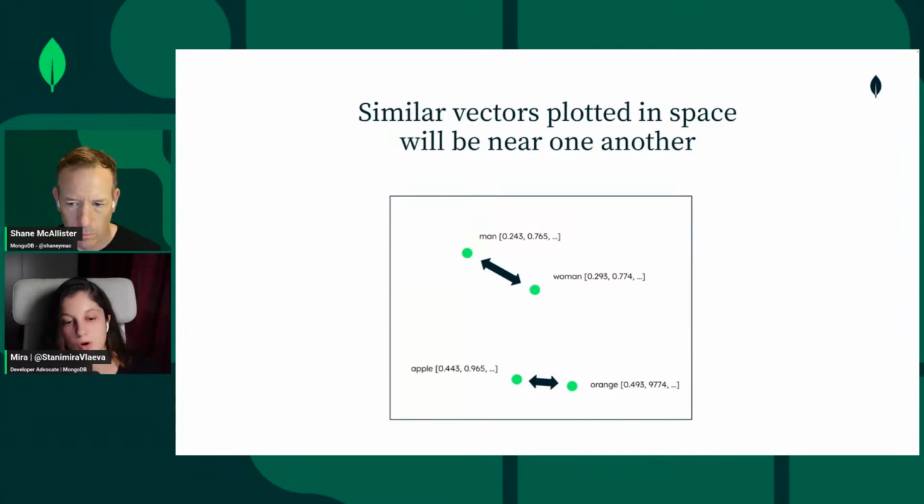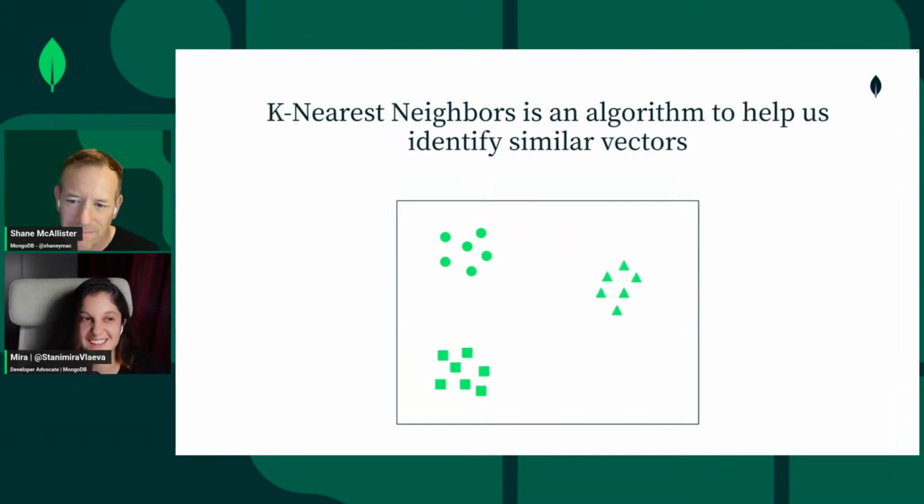So man and woman should be semantically closer. That's why their vectors are closer than the vectors of apple and orange. And by plotting all these vectors, we should be able to identify terms that are close to each other. If it doesn't make sense yet, it will soon.